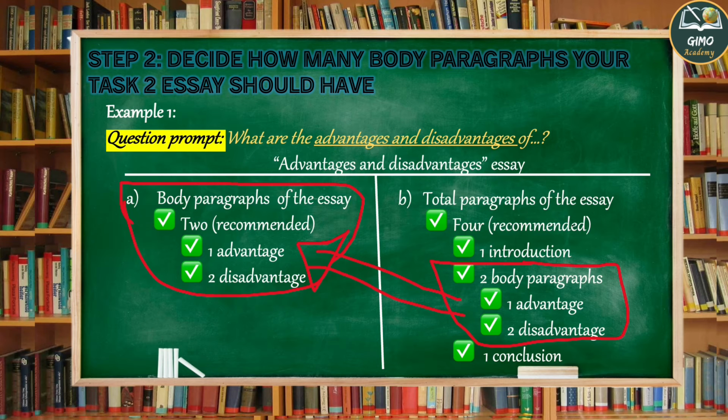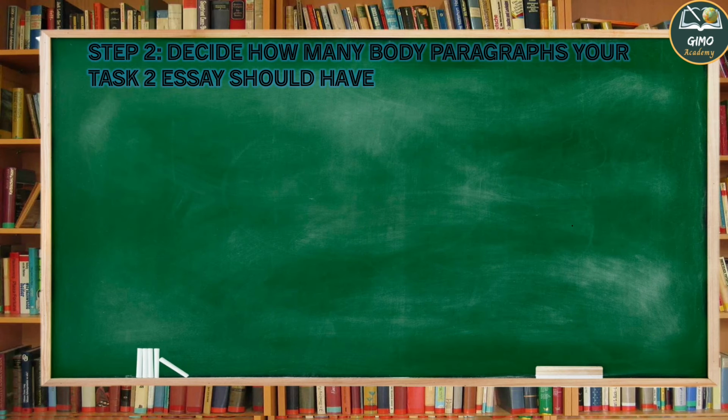However, it's important to say that this type of essay structure also applies to other types of task 2 essays, but there are some exceptions. For example, for the discussion essay, you should write at least 3 body paragraphs.